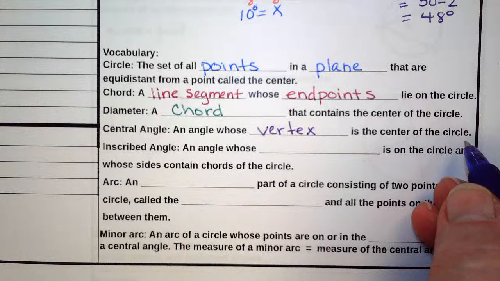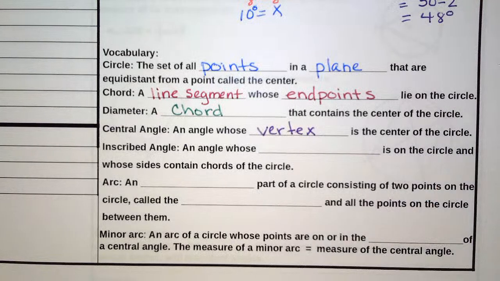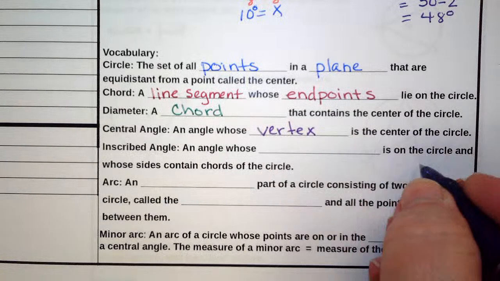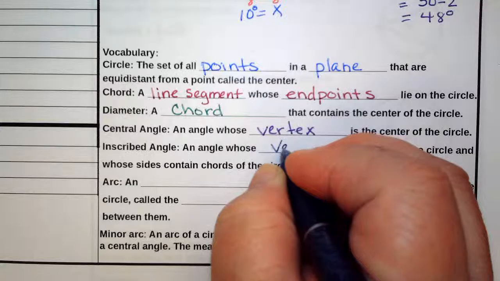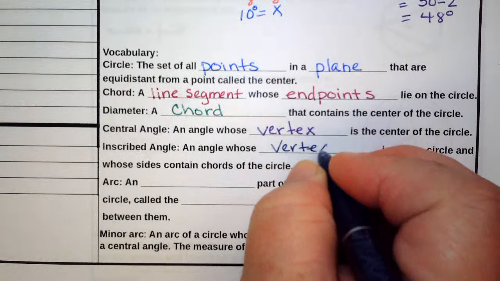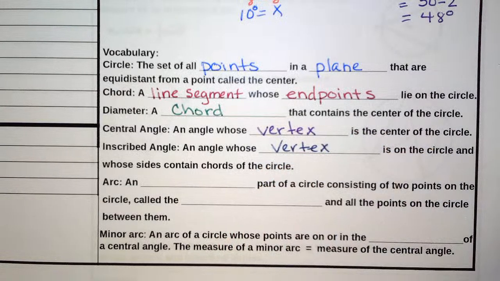Any angle that comes off of that point in the middle would be a central angle. An inscribed angle. This time, the angle's vertex is not in the center, it is on the circle. And whose sides contain the chords of a circle.